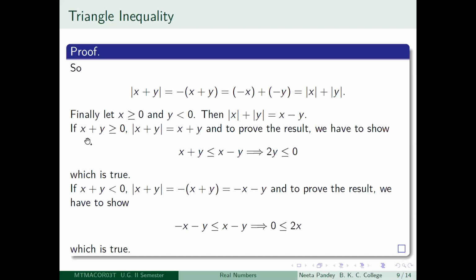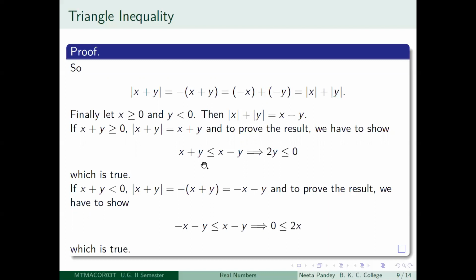The first subcase is when x plus y is non-negative. So if x plus y is non-negative, then mod of x plus y is equal to x plus y. So we have to show that mod of x plus y is less than or equal to mod x plus mod y. That is, we have to show that x plus y is less than or equal to x minus y. So you just add minus x on both sides. What do you have to show? That y is less than or equal to minus y.